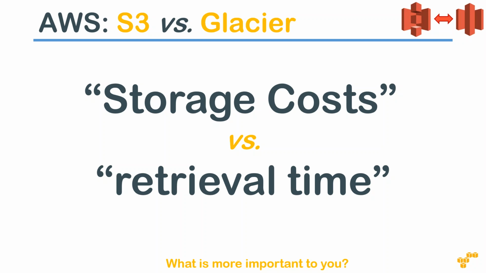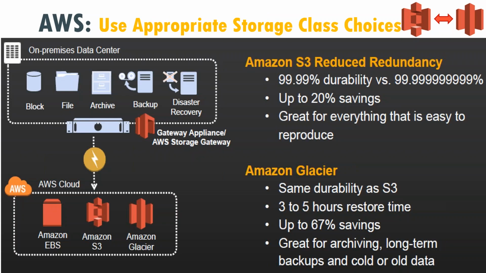If there is an in-between requirement, then you are going to recommend standard IA, infrequent access, or reduced redundancy storage. If the choice is between real-time access and very infrequent long-term access, then it is between S3 and Glacier. You choose the appropriate class of storage based on the client's requirements.